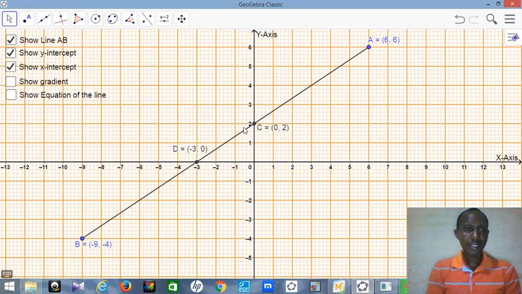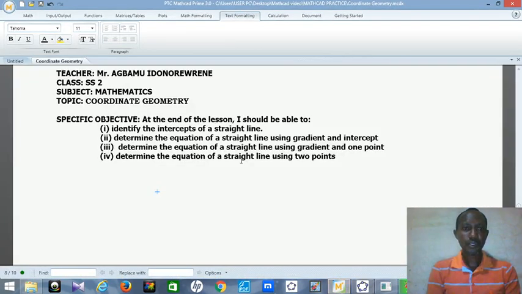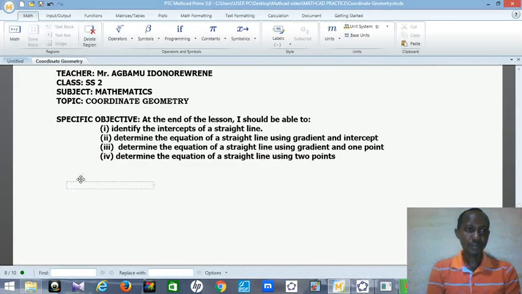Alright, now let's see what we have now. So this is a straight line now, and the y-intercept is C, which is 0 for x, 2 for y. Now let's see, how can we get the equation of a line using this format? Let's start with the first one. From our objective, we said we should determine the equation of a straight line using gradient and intercept. So let's start our statement so that you get what we are talking about.